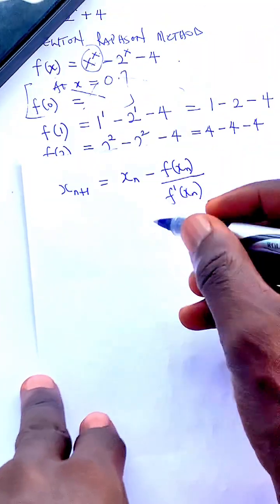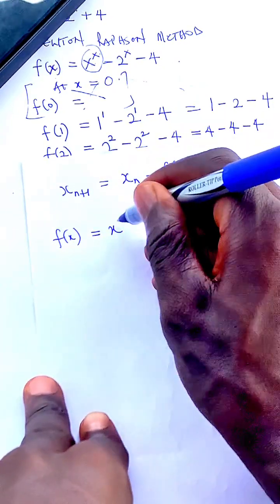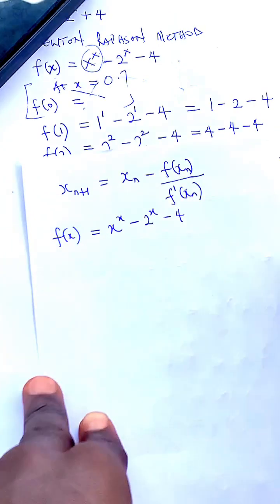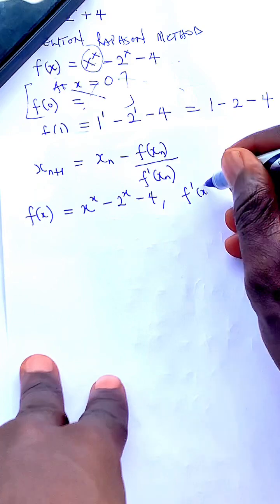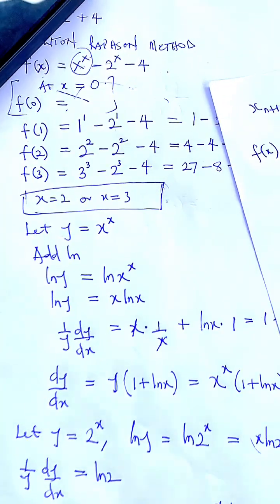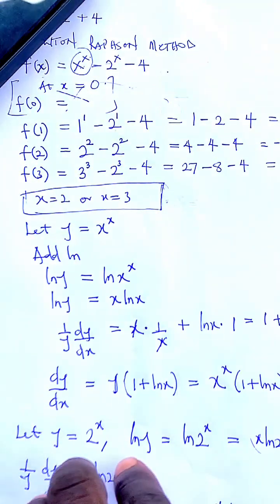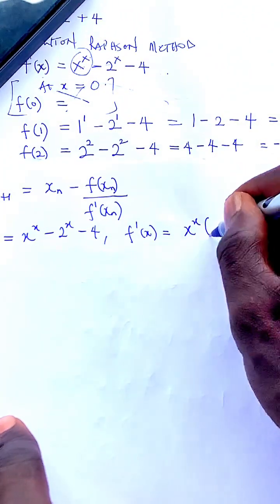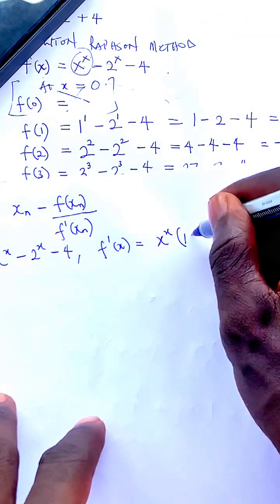Just remember, f of x is equal to x to the power of x minus 2 to the power of x minus 4. Okay? Then f prime of x is the derivative that we made, which is, differentiate this first one, is x to the power of x into 1 plus ln x.